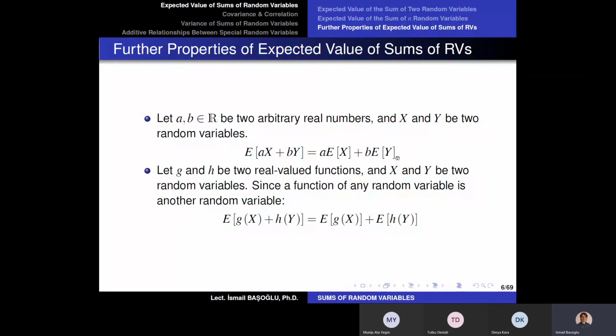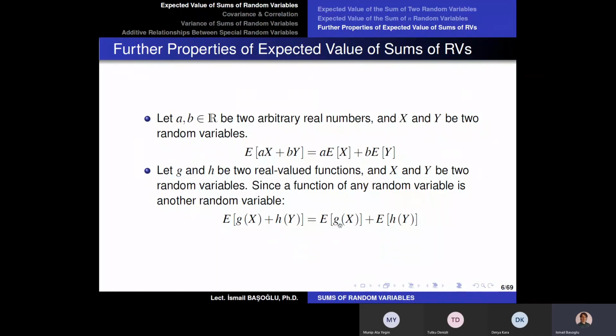Now, if instead of linear functions like this, we have other types of functions of random variables, in that case, the expected value of g(X) plus h(Y), such that g and h are real valued functions of random variables X and Y, we can separate the expectations.